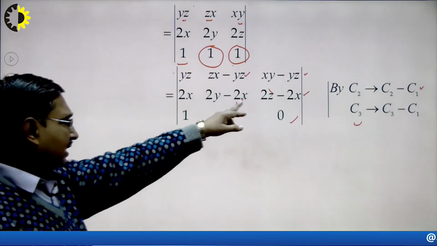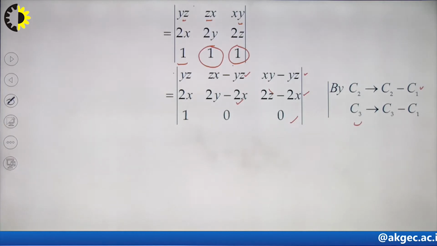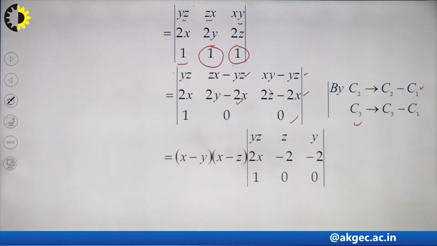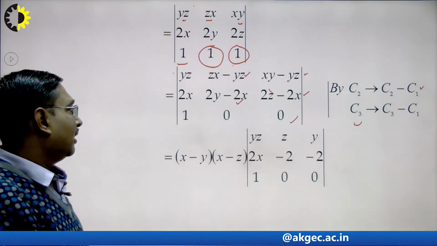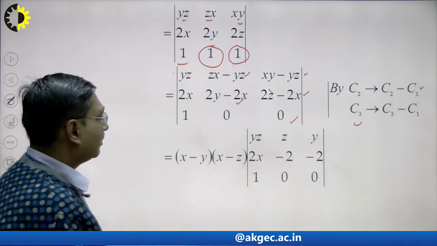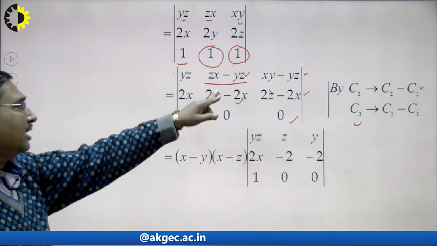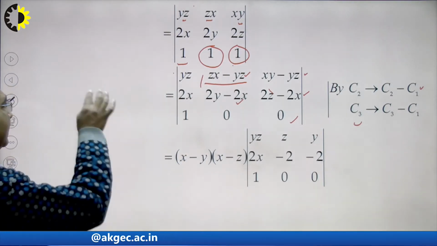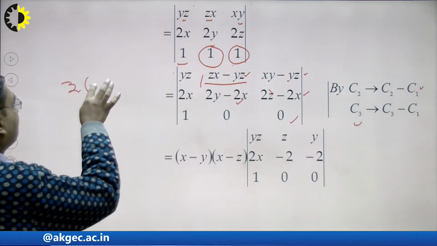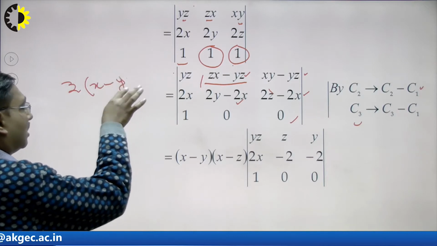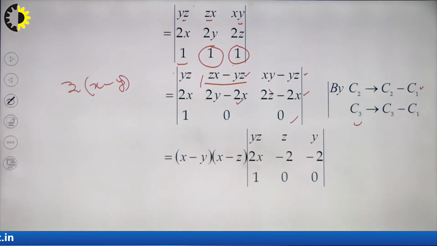Now some elements are 0 and this determinant can be further simplified. Here we observe that this term can be written as z times (x minus y).